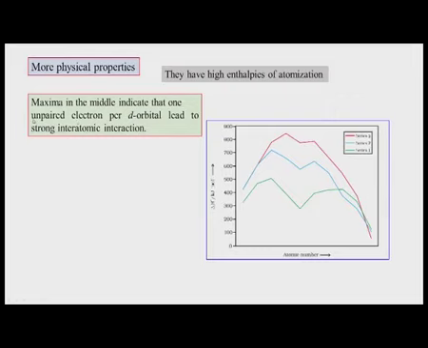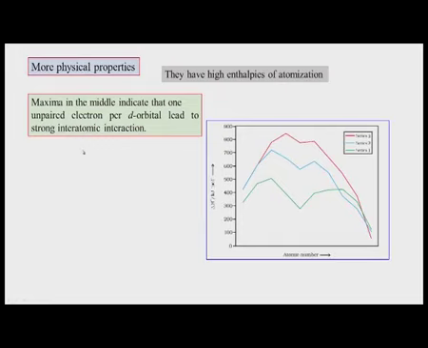So, you have a large number of unpaired electrons and 1 electron in each d orbital, giving rise to strong interatomic interactions. So, if you have very strong interatomic interactions like that of chromium, chromium will also have 6 electrons, but all of them are not unpaired, but a large number of electrons in chromium, molybdenum and tungsten may lead to strong interatomic interactions.